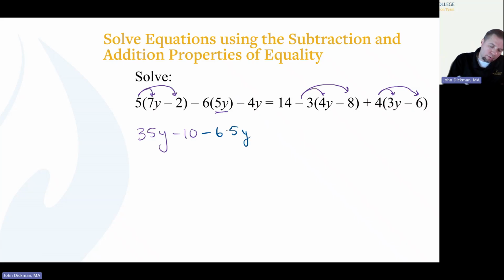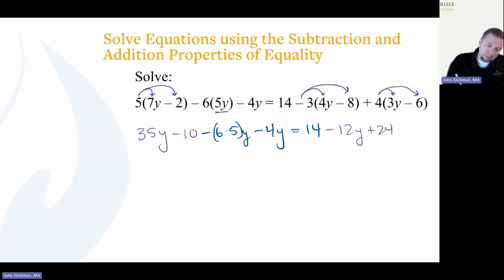I am going to use the associative property that we talked about last week to group the parentheses a little bit different here to show you that this is really just 30y minus 4y equals 14 minus 12y plus 24.